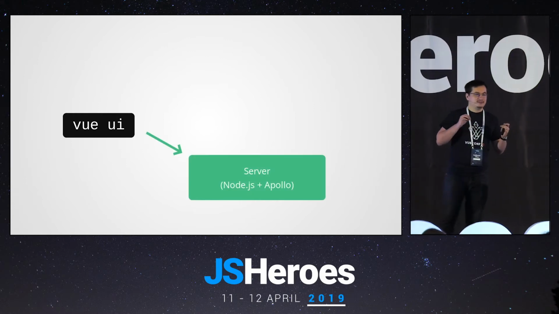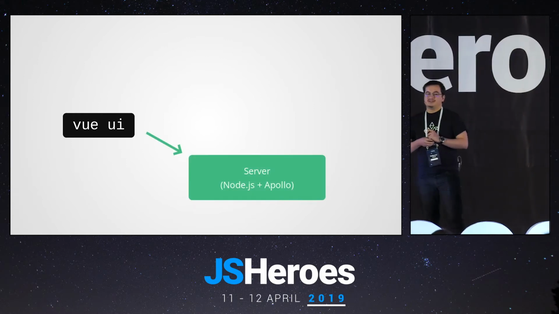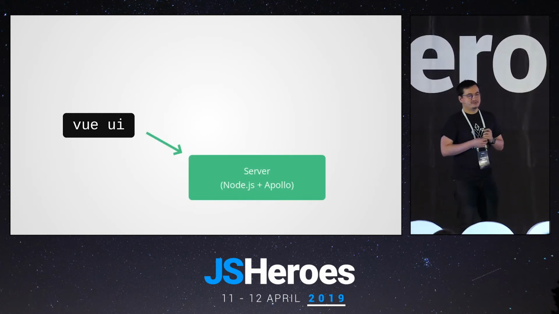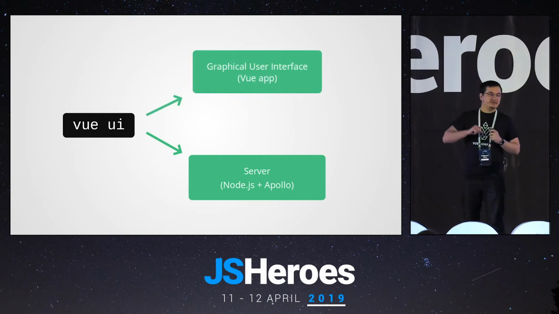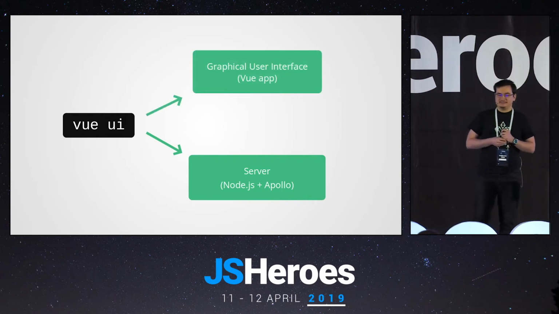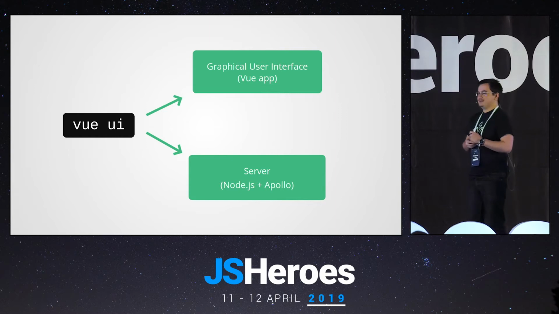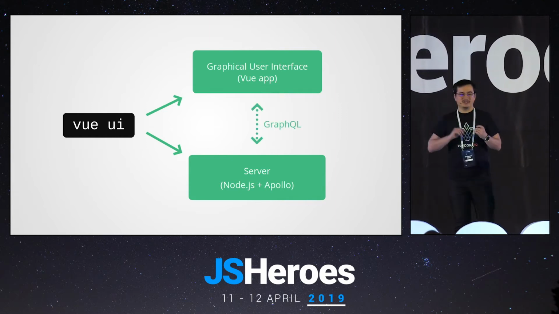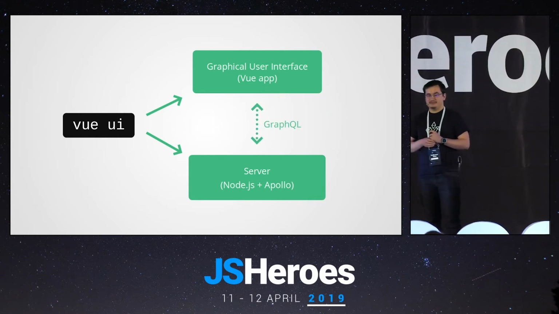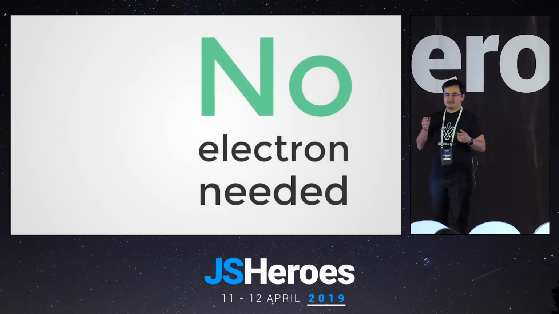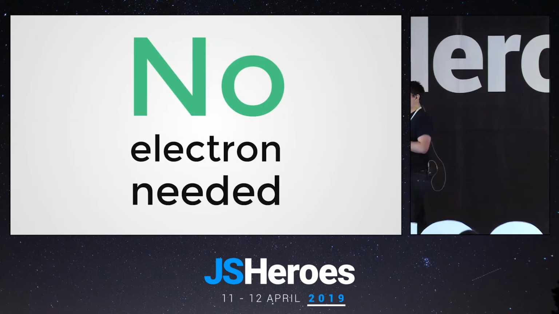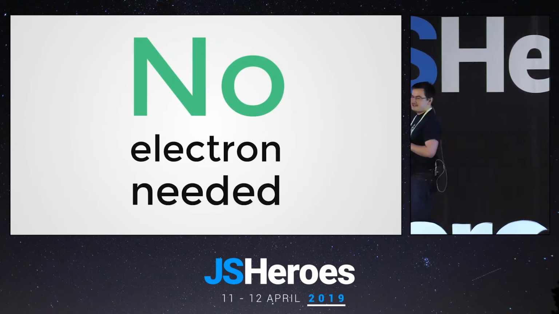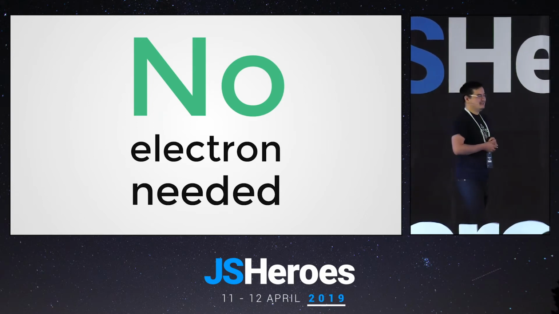So first, it's going to spin up a little Node server, and then open a page in your browser, which is basically a Vue app, and then both will communicate with each other. So that means you don't have to download gigabytes of Electron library dependencies.